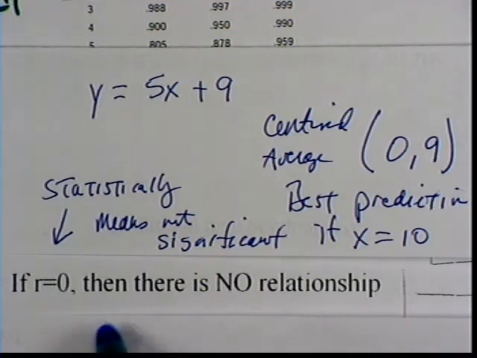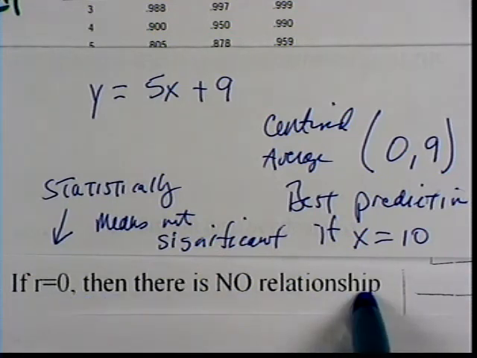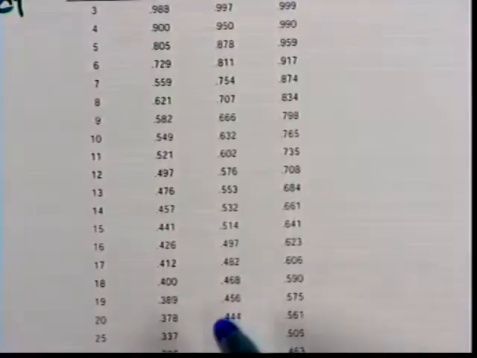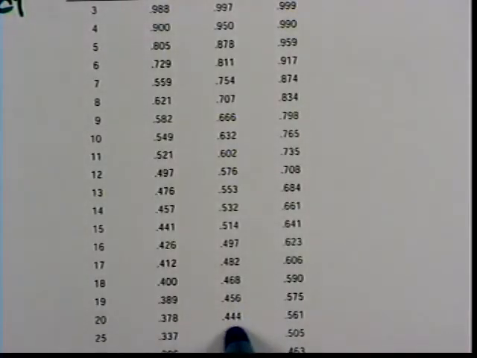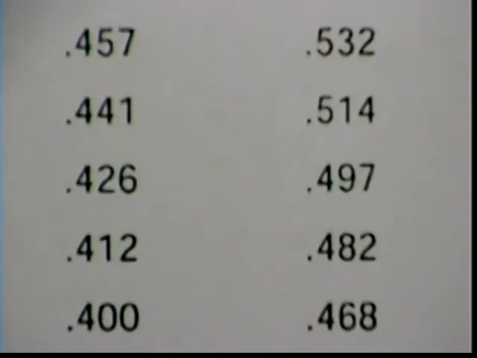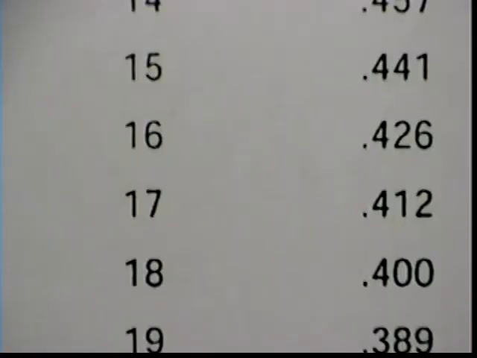That means there's no relationship. So if we're doing something at the 0.05 level and we have 20, and we get an R value, you've got 20 here.